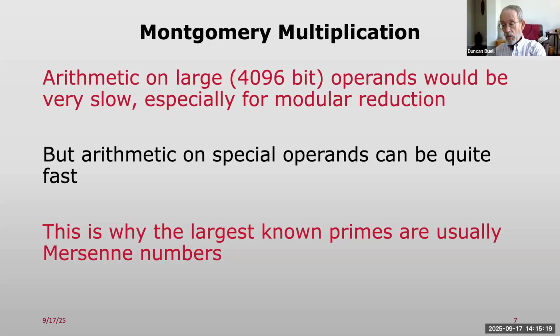And the largest known prime numbers are usually Mersenne numbers, powers of 2 minus 1, because of the trick with arithmetic. And this is where there's some good mathematics behind this, but the mathematics by itself would not be enough if you couldn't actually use some computing tricks.